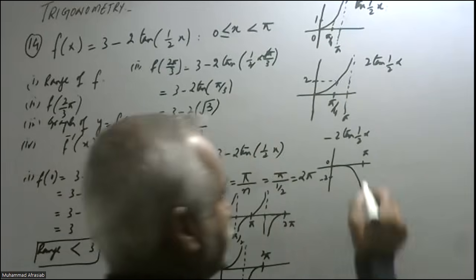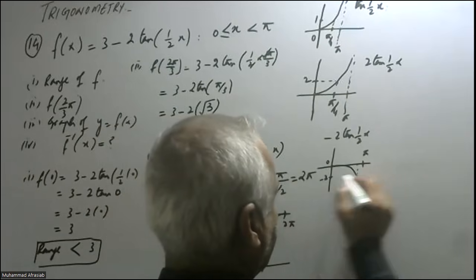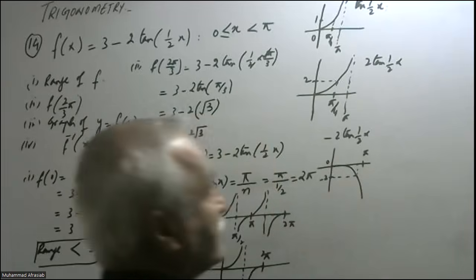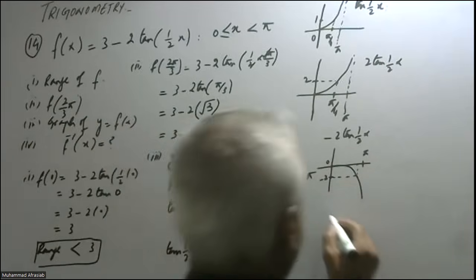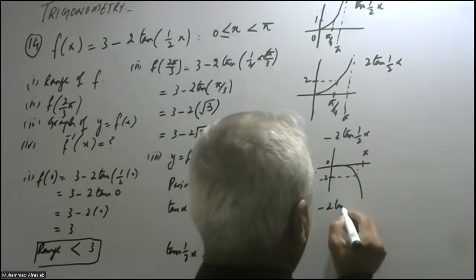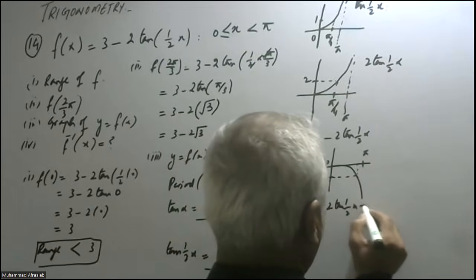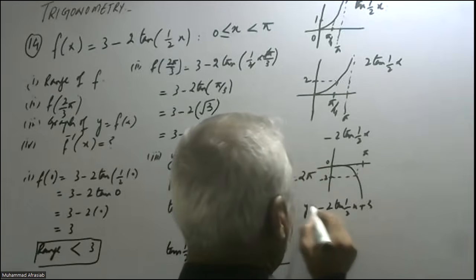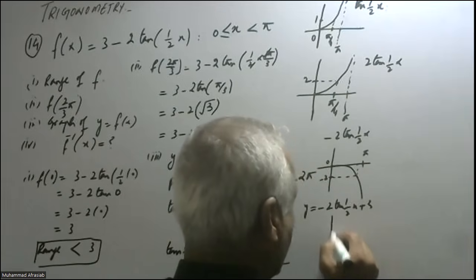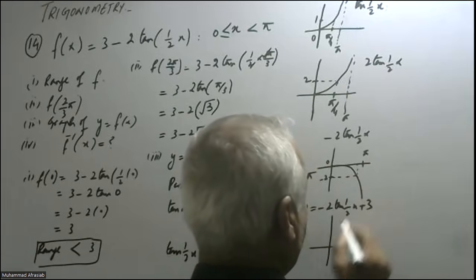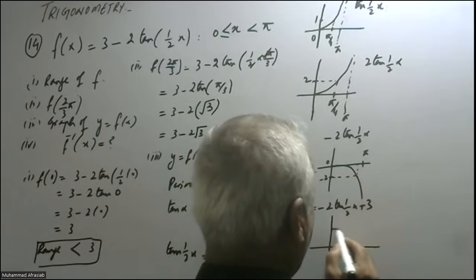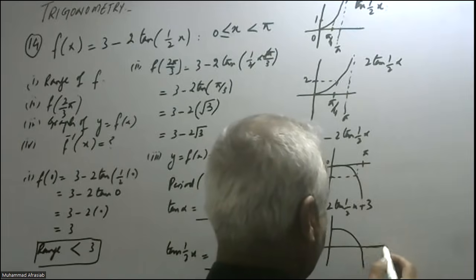Then minus 2 tangent of half x plus 3, which is the exact graph of this y. So the whole graph will be translated 3 units upward. So the same graph will become like this.